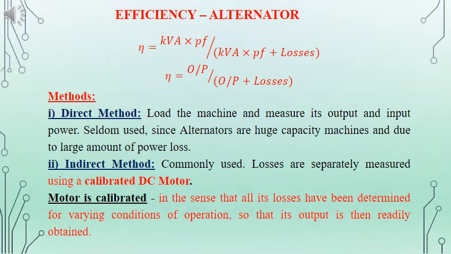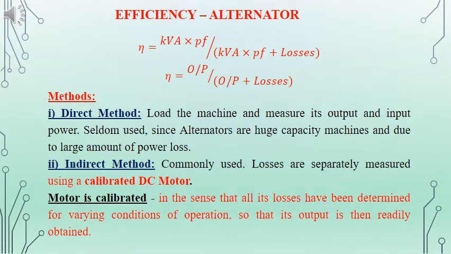We will see the efficiency of an alternator or synchronous machine. It is given as eta equal to output divided by output plus loss, or output divided by input. We have a direct method as well as an indirect method to measure the efficiency of a machine.